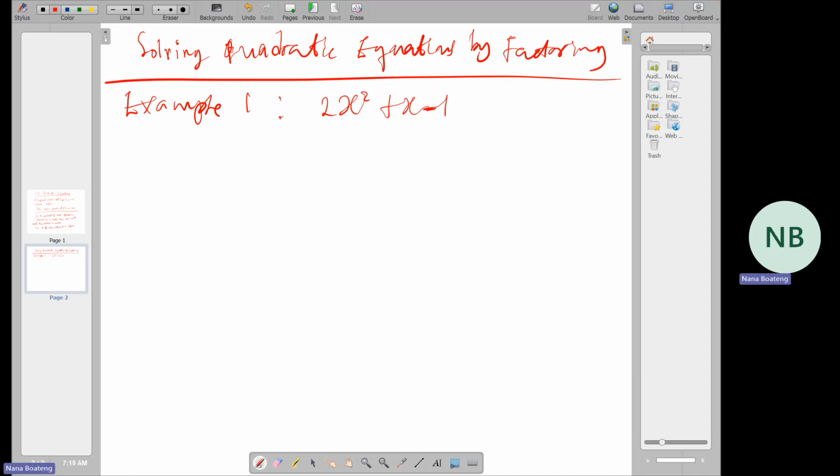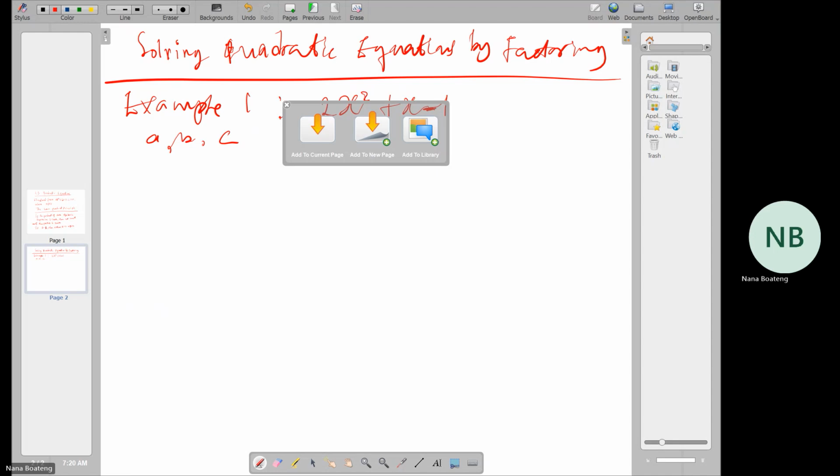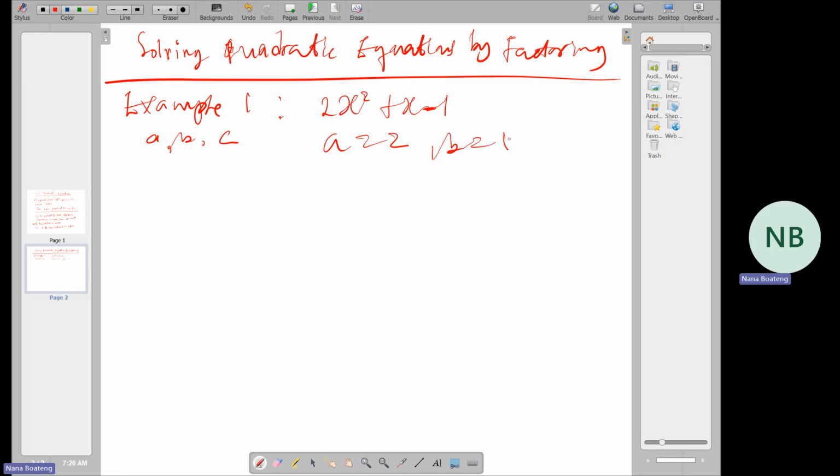All right, so to solve this equation by factoring, the first thing that we do is to identify what is our A, what is our B, and what is our C. If we compare this to the standard form, A is equal to 2, B is equal to 1, and C is equal to -1.